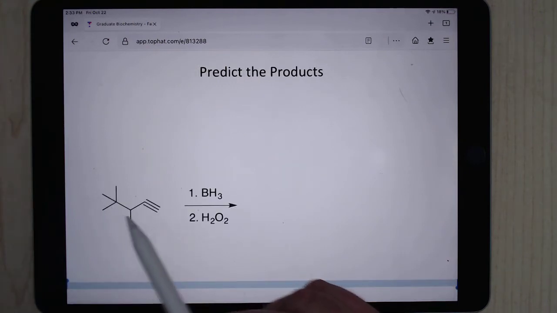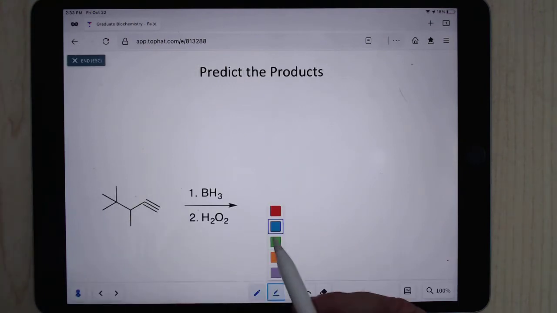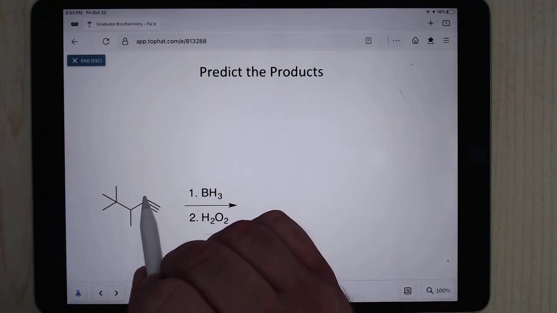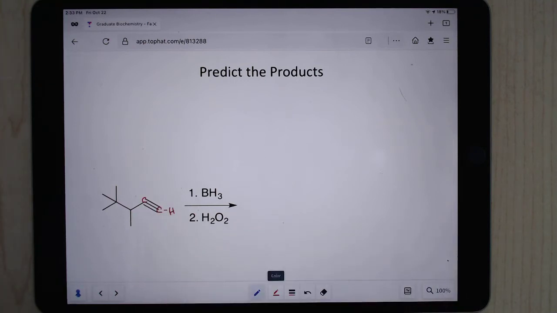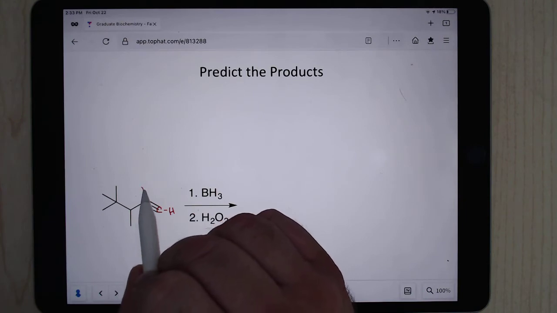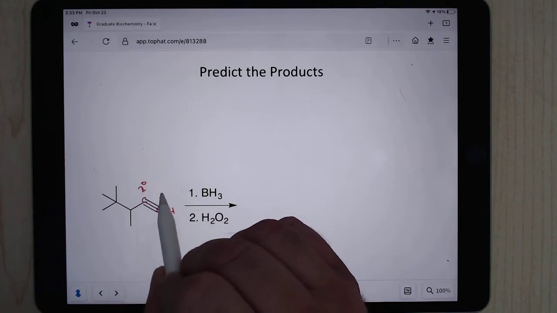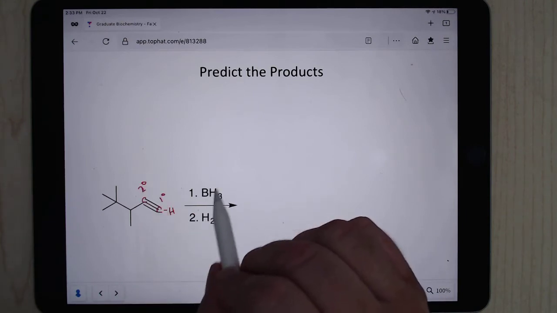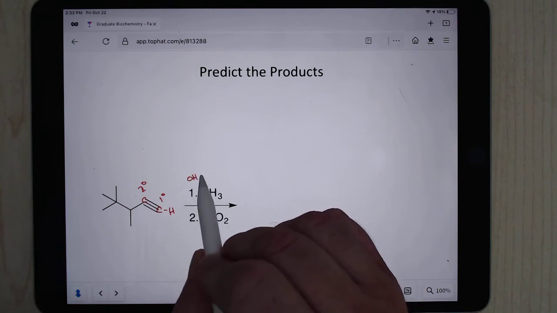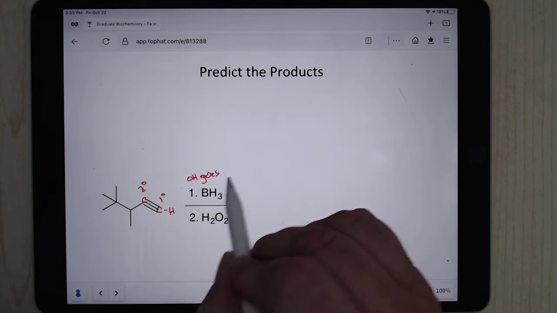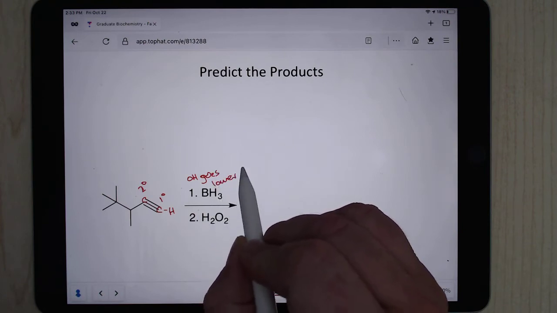So if we have this, predict the product. We have a carbon and we have a CH. This one is secondary, this one's primary. This is hydroboration, so the OH goes on the lower numbered side.